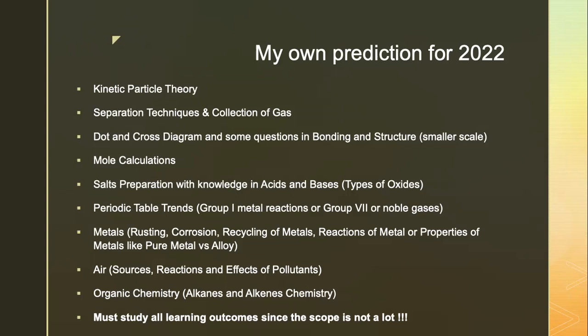And knowing the reagent to prepare for salt. For example, they give you the salt as, let me think, let's say copper(II) sulfate. Okay, so they may ask you what are the suitable reagent to prepare this. You cannot choose copper and sulfuric acid because copper is unreactive metal. So you have to choose maybe like copper(II) oxide, copper(II) hydroxide, copper(II) carbonate, react with sulfuric acid to produce copper(II) sulfate.